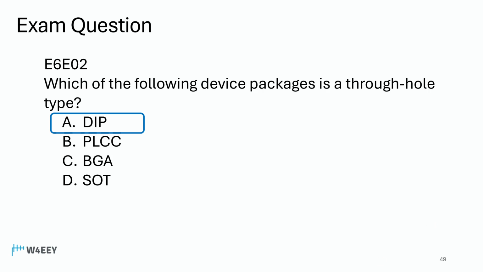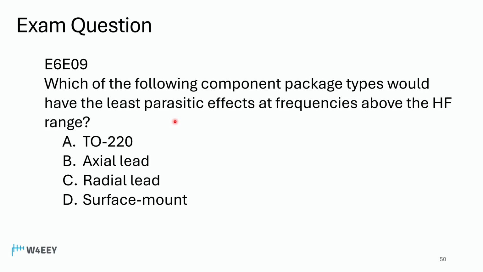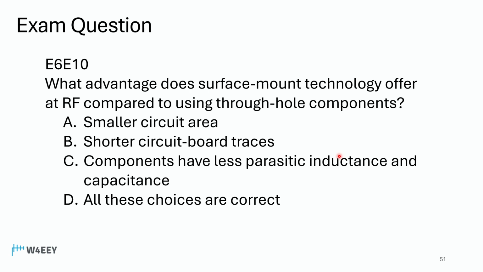Some of these other things are real, but not the right answer. Which of the following component package types would have the least parasitic effects at frequencies above the HF range? Delta. Yep, they've given us some easy ones, and we're thankful for that. What advantage does surface mount technology offer at RF compared to using through-hole components? Read carefully.